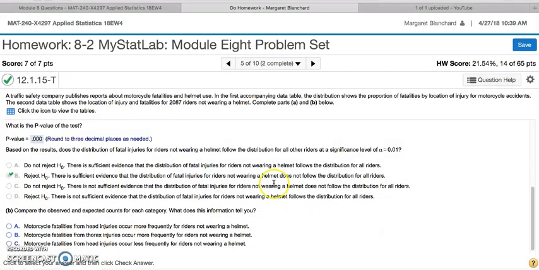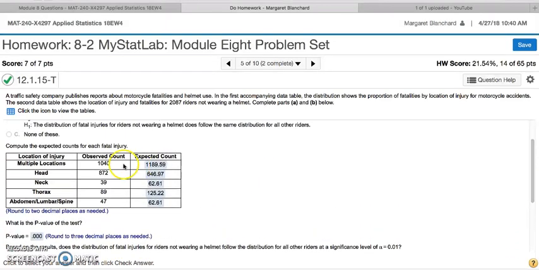Excellent. Compare the observed and expected counts for each category. What does this information tell you? The options are: motorcycle fatalities from head injuries occur more frequently for riders not wearing a helmet; thorax injuries occur more frequently for riders not wearing a helmet; or head injuries occur less frequently. Let's take a look up here.